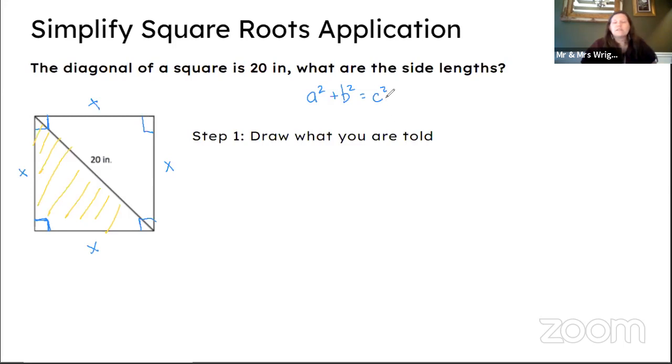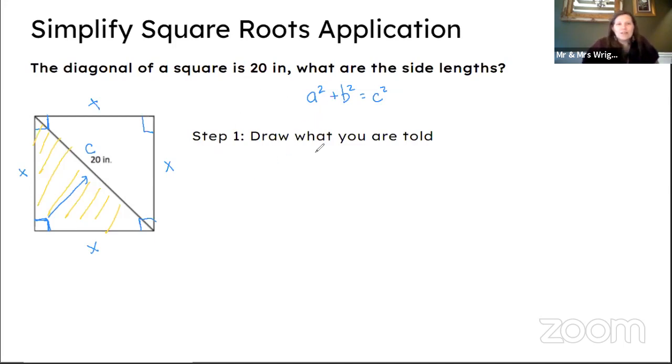The hypotenuse is the side that is opposite the right angle. So the right angle kind of points at the hypotenuse. So 20 is C. That's the only one that matters. A and B aren't going to matter. I can call this one A and this one B, or I could call this one A and that one B. It doesn't matter. But what matters even less is they're both X.